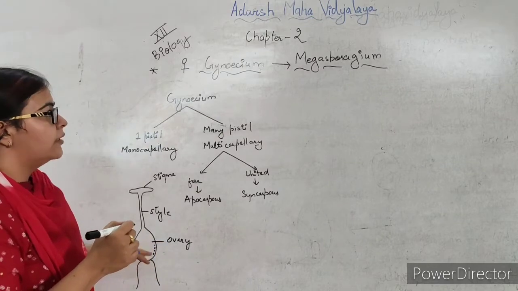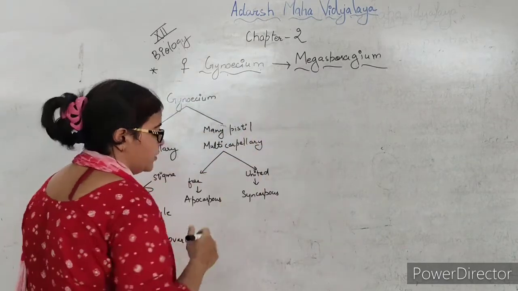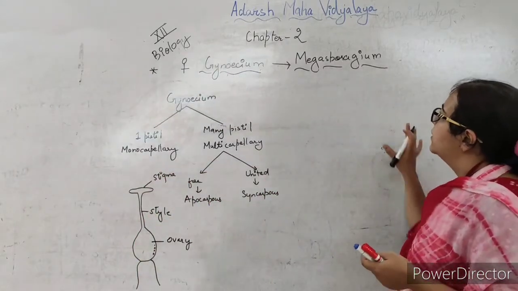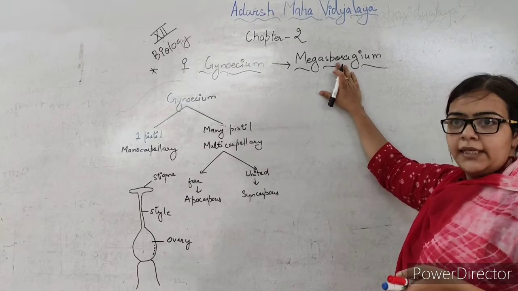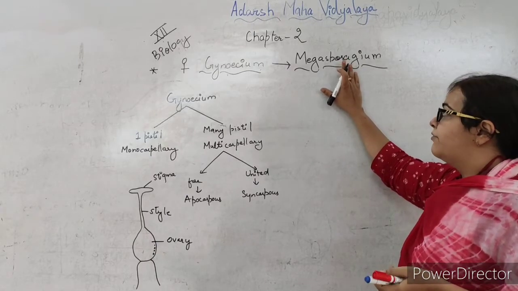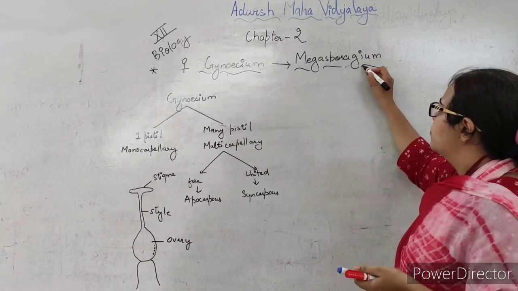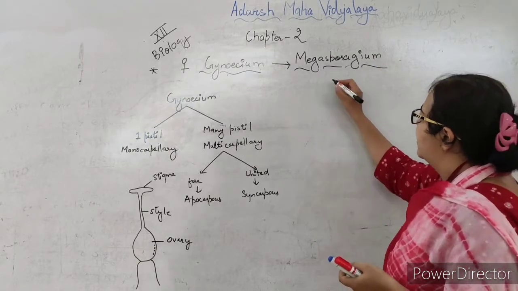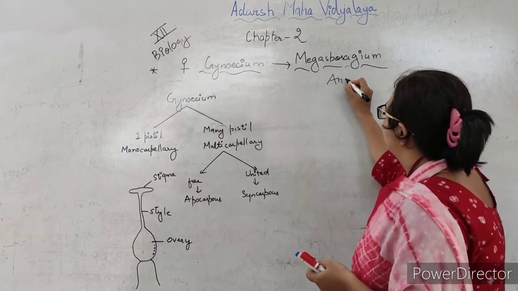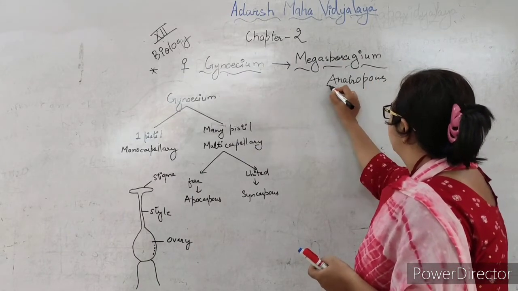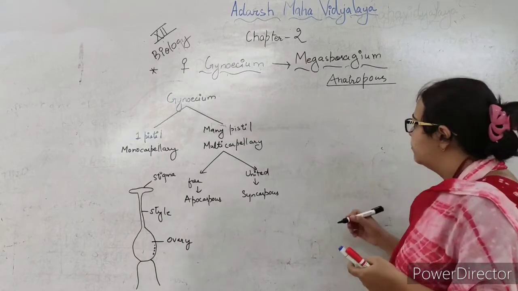And these ovules are nothing but megasporangium. So when we talk about this megasporangium in angiosperms, there are various types of ovules, but here we will talk about the most common one, that is the anatropous ovule. Now we will draw the structure of this ovule.